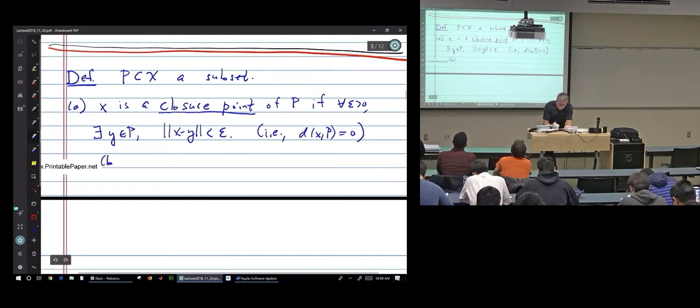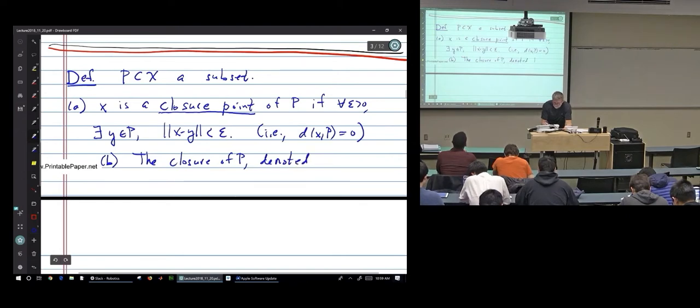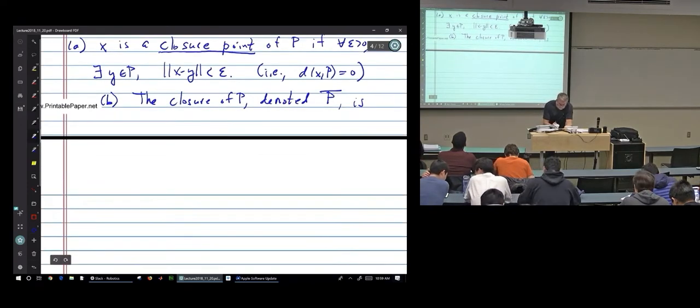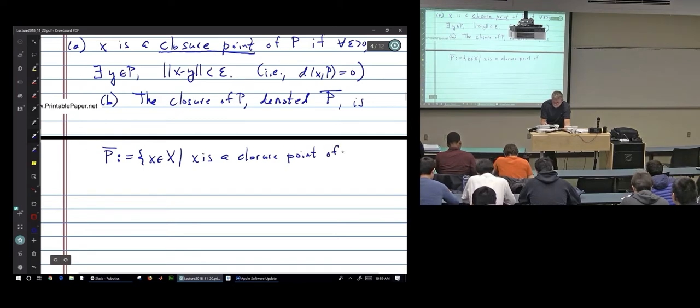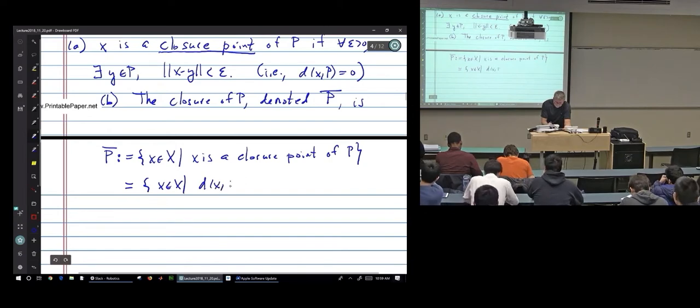Okay. B. Closure of P, denoted P over bar, P closure, is: P closure equals the set of all X in X such that X is a closure point of P. So that's the set of all points in X such that the distance from X to P is equal to 0.